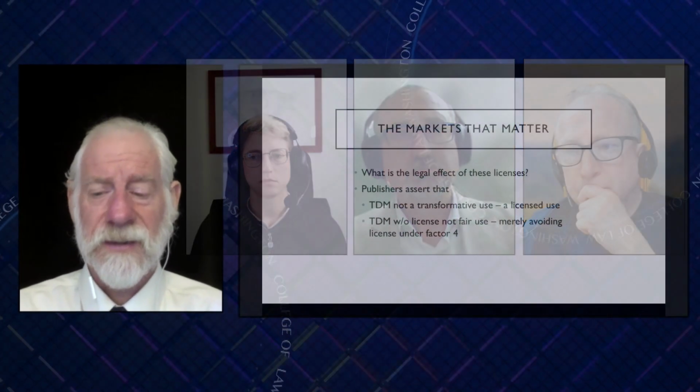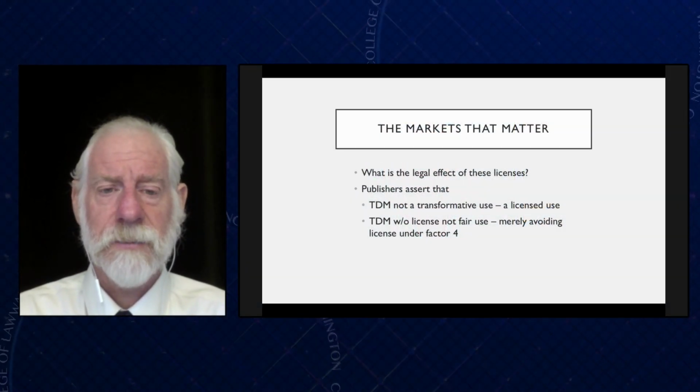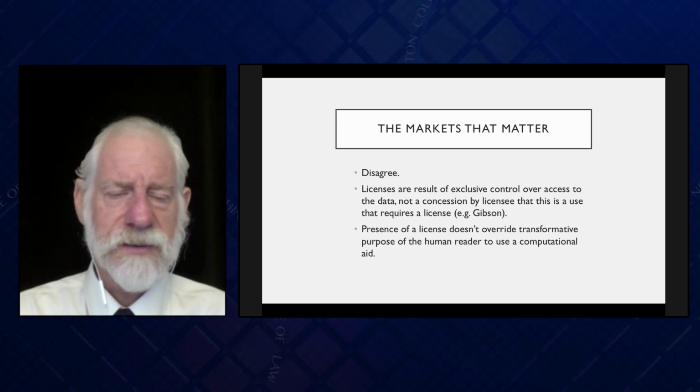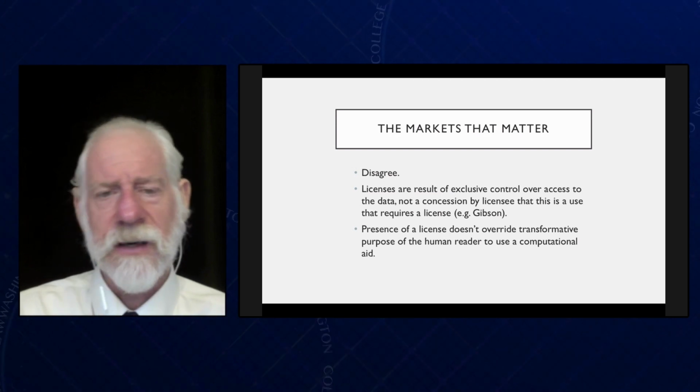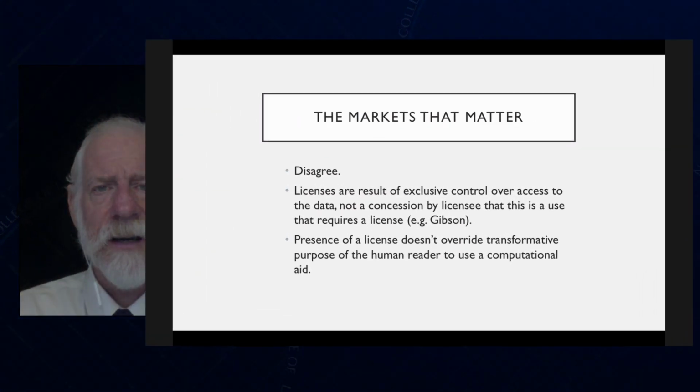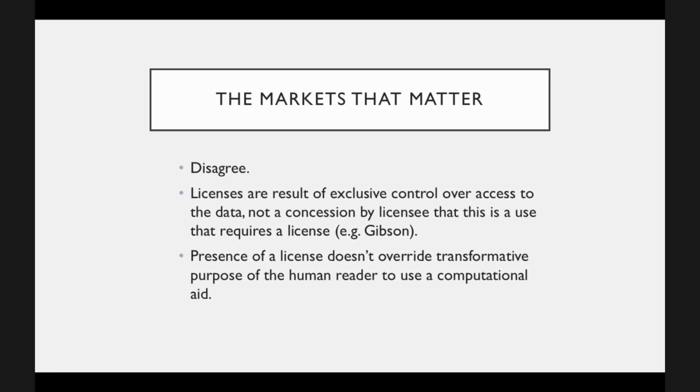That said, though, the contract point makes those licenses powerful. So it's really about using the access right rather than the use rights of copyright that give those licenses some purchase. So that's the end of the slideshow.